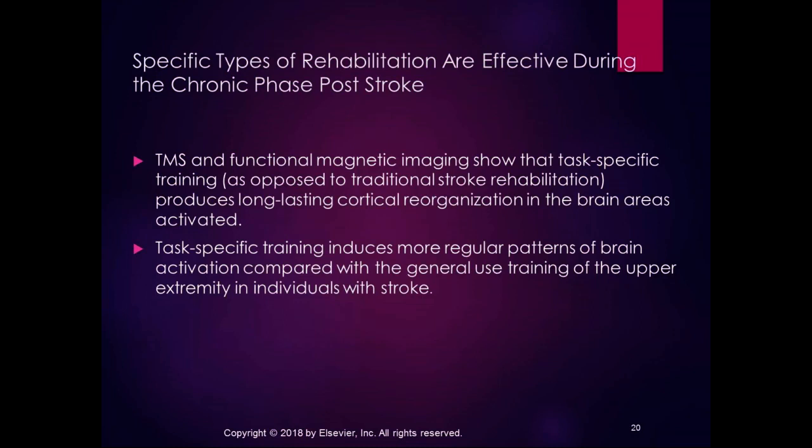So that's what I was talking about earlier, where if you don't do certain activities, your cerebral cortex is not going to reorganize to learn to do that activity again. So even during the chronic stage post-stroke, plasticity can occur with rehabilitation even after months or years following neurological injury. So task-specific training induces more regular patterns of brain activation compared with general use training of the upper extremity in individuals with stroke. So you want to train people in functional activities, things that they really do with the affected limbs.